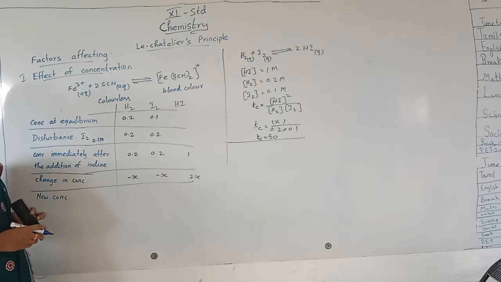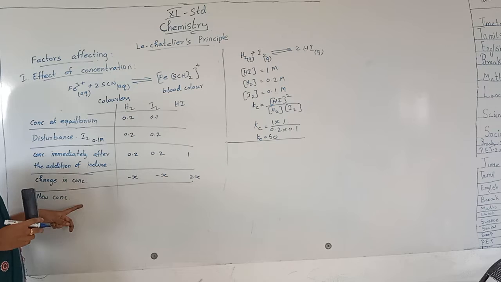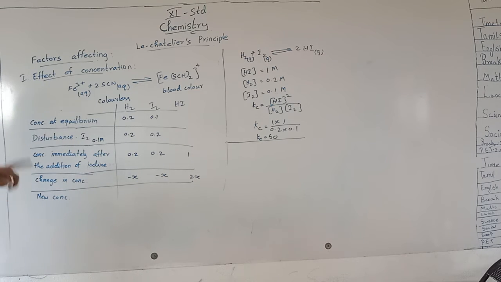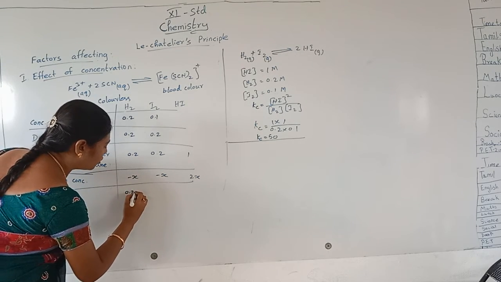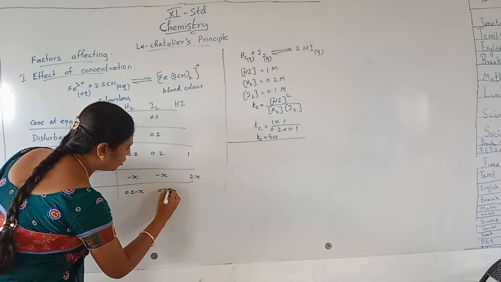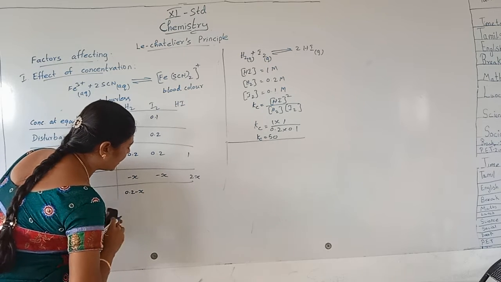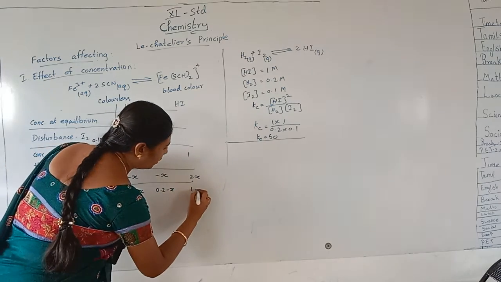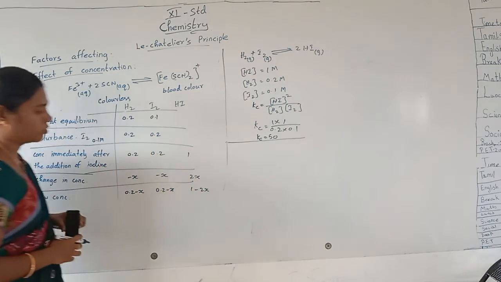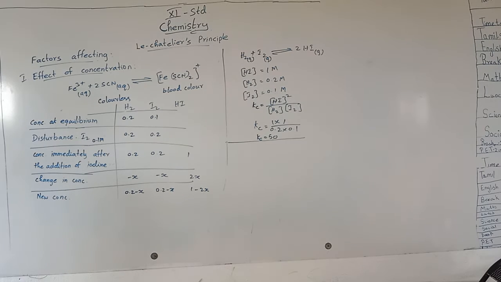So the new concentration means 0.2 minus x, then 0.2 minus x, then 1 plus 2x.